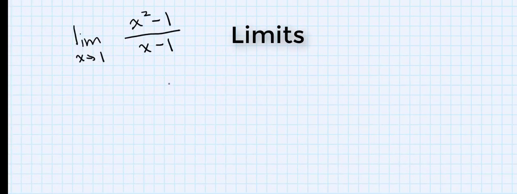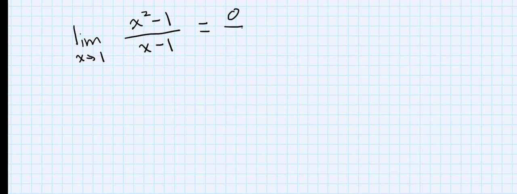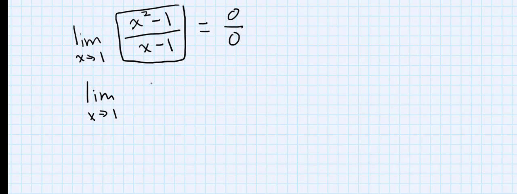Let's go ahead and talk about limits. When you have a limit of x squared minus 1 over x minus 1 as x approaches 1, when you plug 1 right away, you get 0 over 0, which is indeterminate. So if you recall, when we did this kind of problem, what we had to do was first simplify.